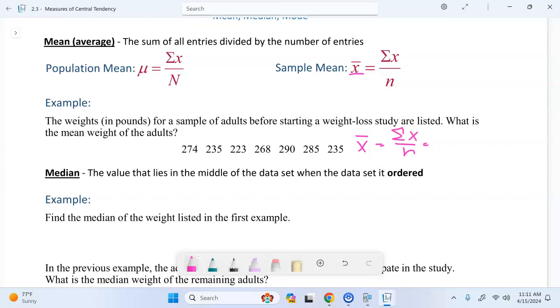The sum of all of our data values. And what is our sample size? So what's our mean?